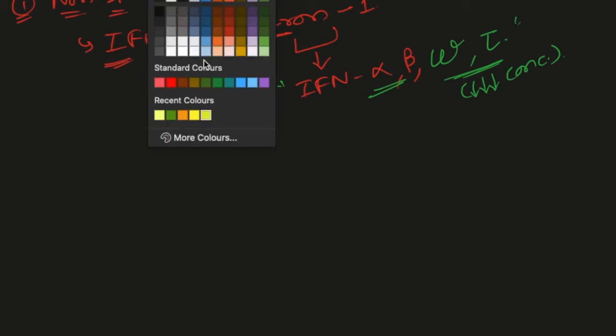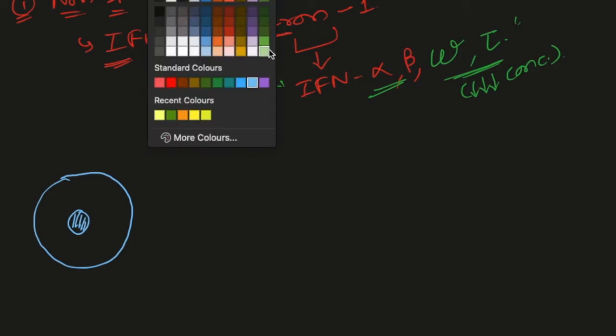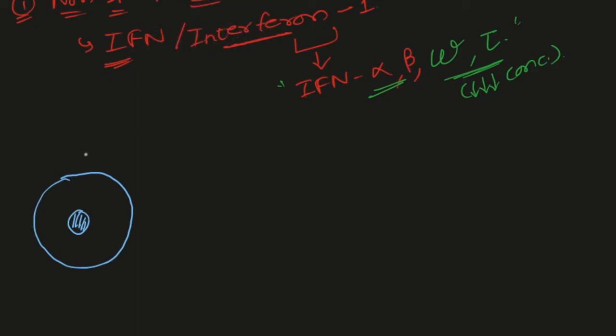Let's take an example over here. Like this is the cell, and in this cell we have various types of receptors, including a receptor for interferon, or let's say here as interferon receptor.